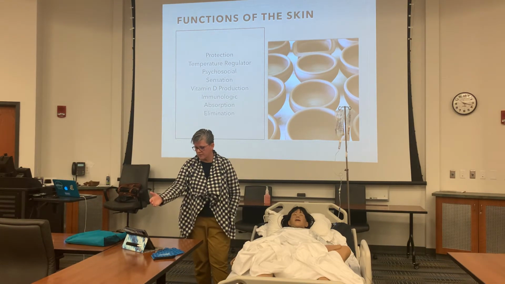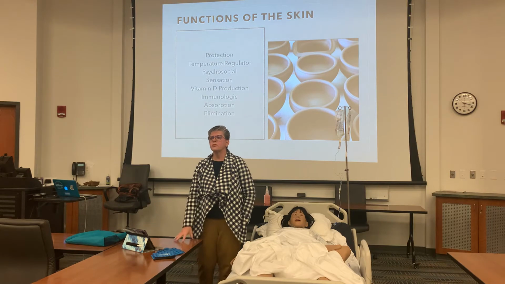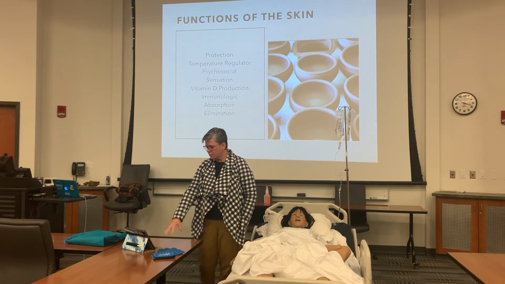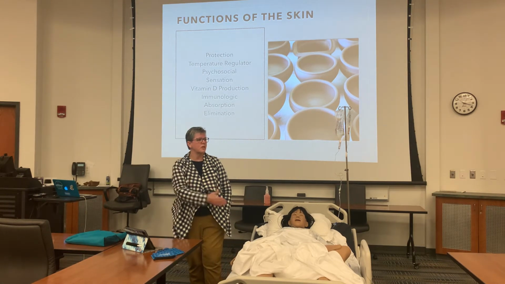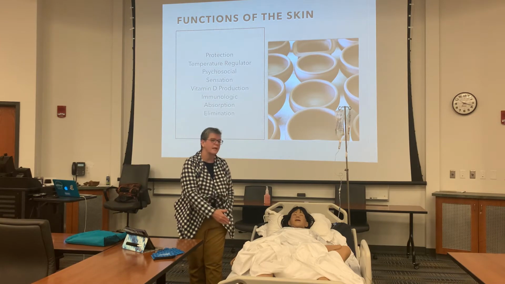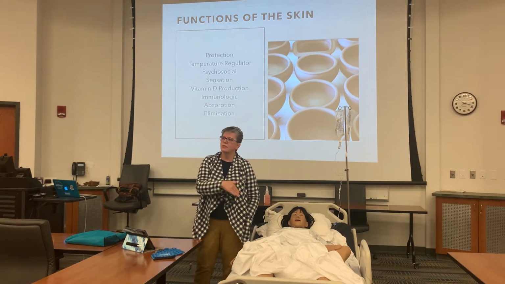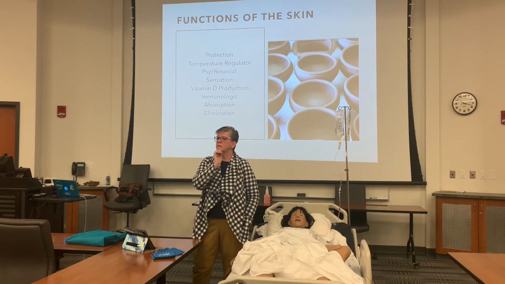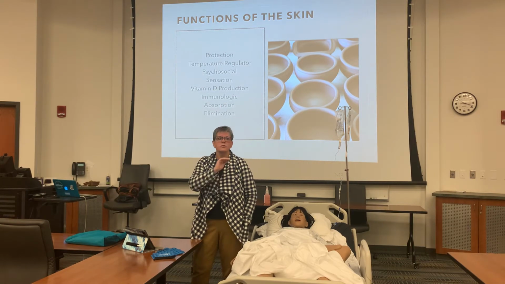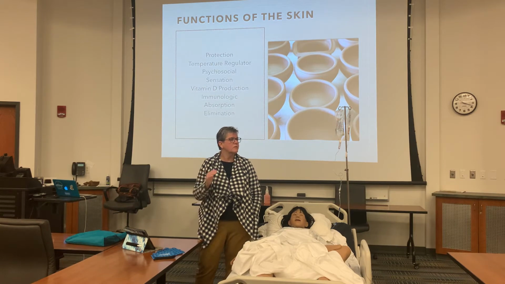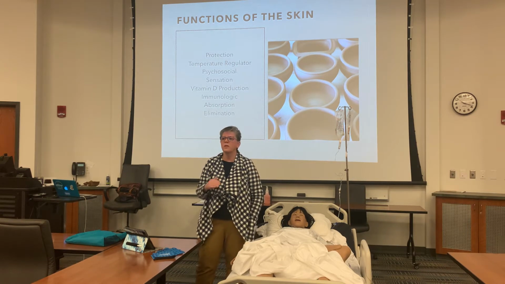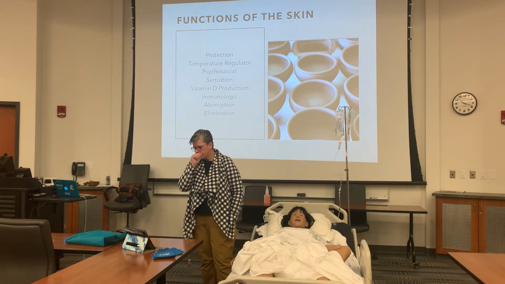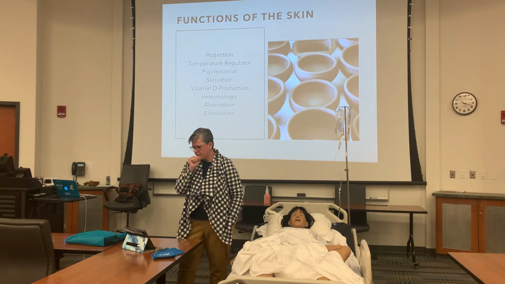What are the functions of the skin? Okay, first of all, it protects us. The skin protects us from what? It is the first line of defense. If we break the skin, then we're starting to get into areas of vessels, organs, things inside our body. So the first layer of defense is our skin, and it protects us from a lot of things. Temperature.